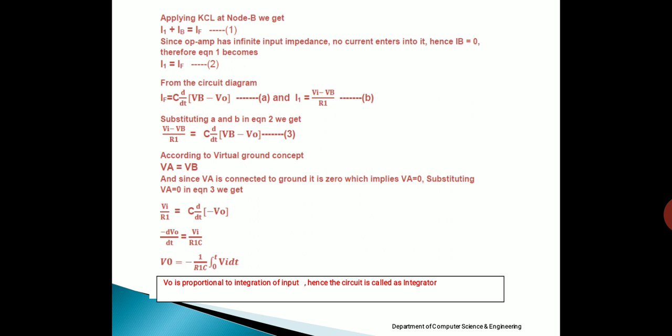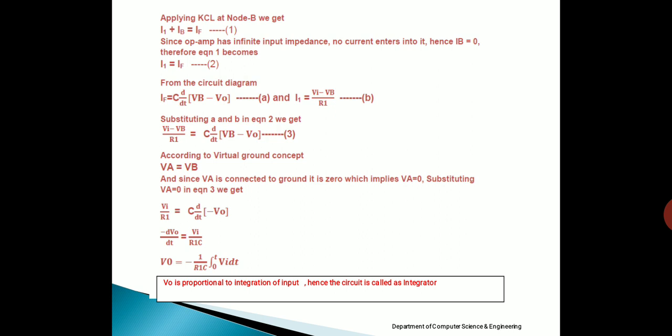Now to proceed further, you have to bring the virtual ground concept into the picture. According to the virtual ground concept, the potential difference between the two input terminals of the op amp should be 0, or the voltage at the inverting input terminal should be equal to the voltage at the non-inverting input terminal. So VA should be equal to VB. But from the circuit diagram, VA is connected to 0, so VB also should be 0.